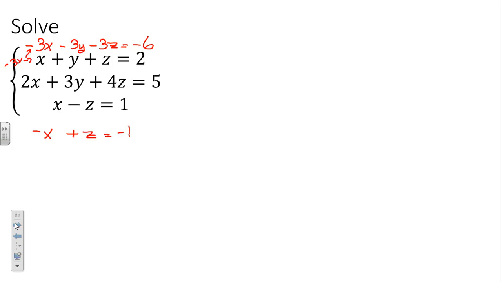Yep, when I added the new first one plus the second, I got a negative x plus z equals a negative 1.